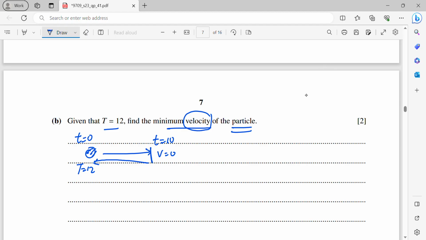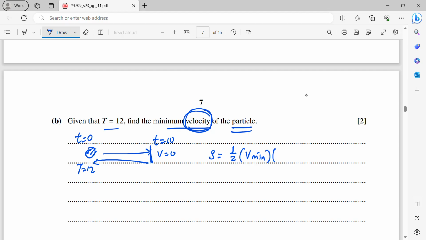So from here, since we need to find the velocity, I will use s equals, s now becomes the displacement. So it will be half of the velocity, let's say this is the minimum velocity, times the time.